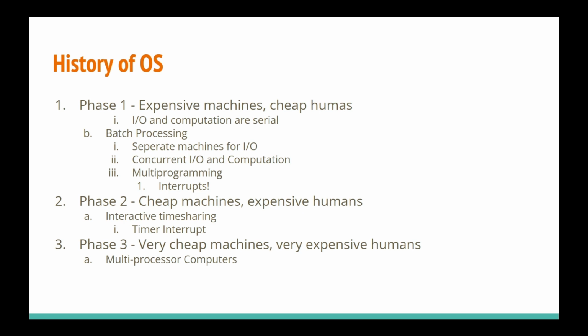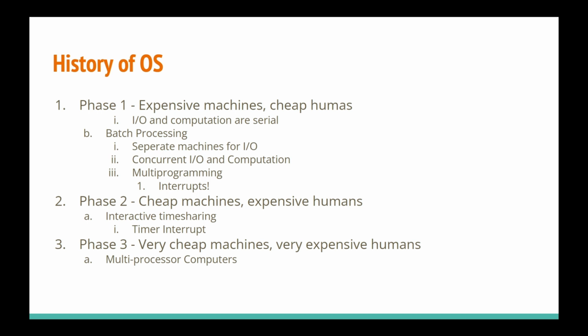This also means that you can have something running while you're also putting input onto the input tape, and while you're outputting from the tape to a printer, let's say. So that means that the CPU is getting used a lot more.